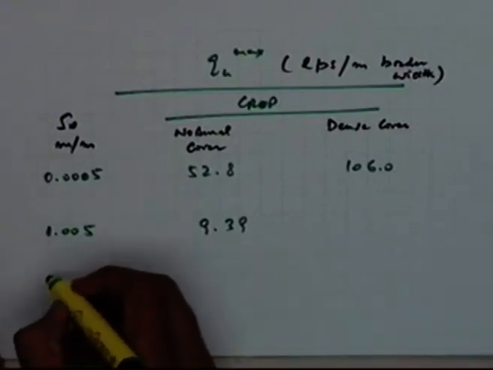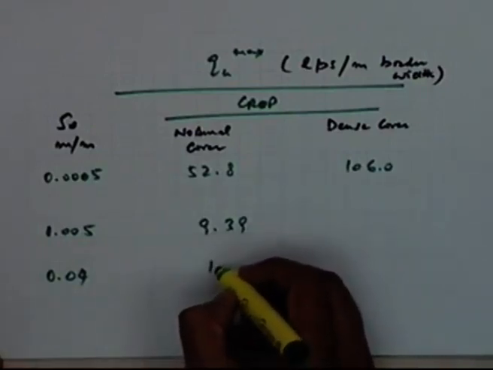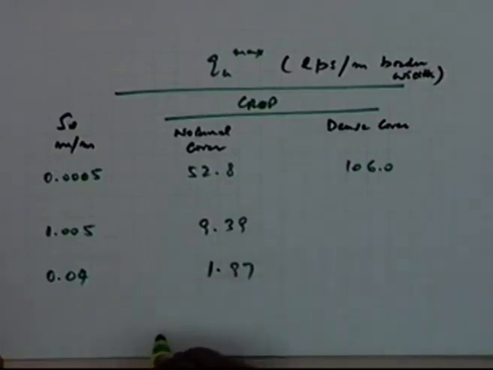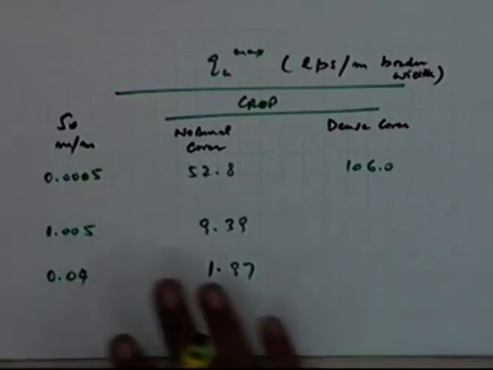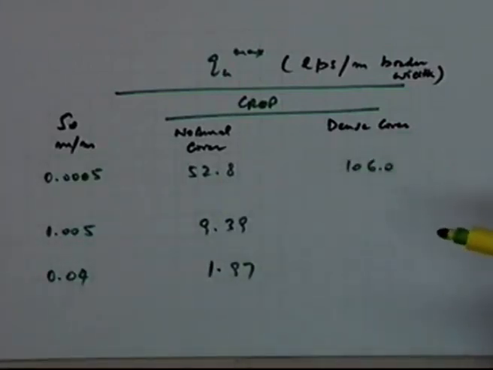Similarly, let's say that if this is 4%, you might not be able to use a very high stream size. This will be as low as 1.97. So, you have to look at what are the prevailing conditions, and the other parameters will have to be decided by those conditions.